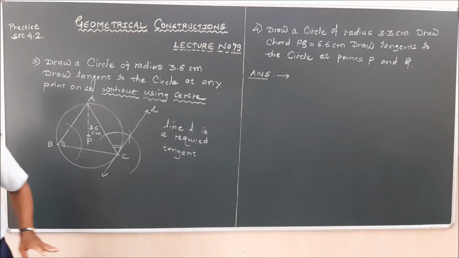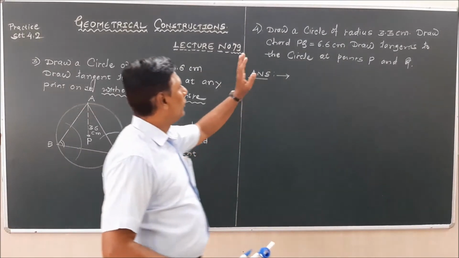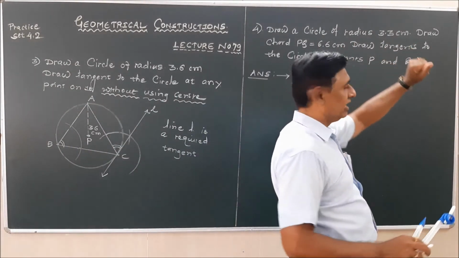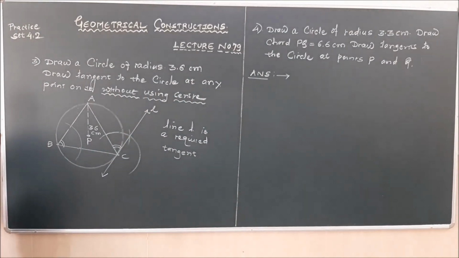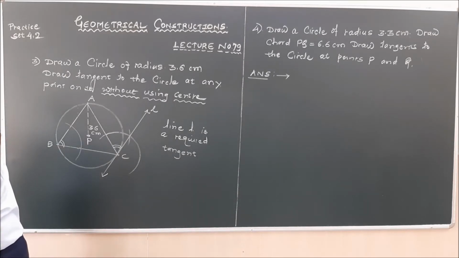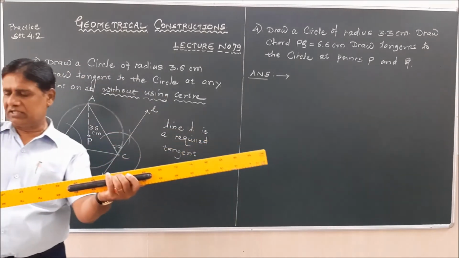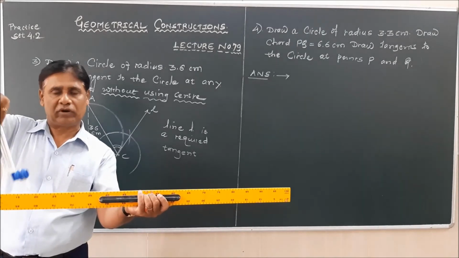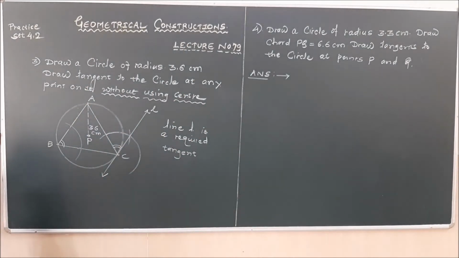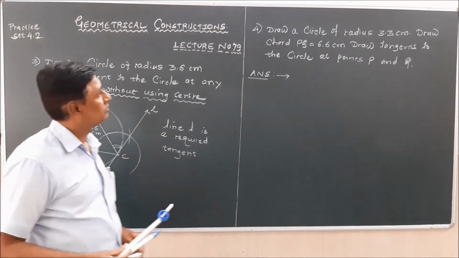First thing, what we have to do? We have to draw a circle of radius 3.3. Okay, let's draw 3.3. I'll keep on telling you the same thing: placing the middle point at O, take the distance 3.3. Is the center given or not?